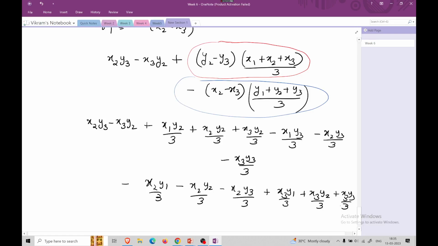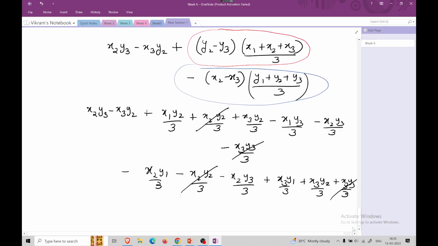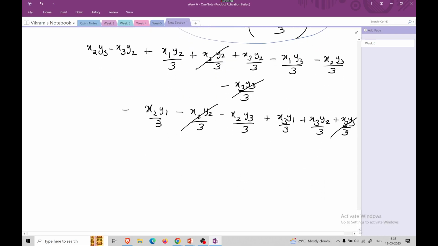Okay, let me cancel the terms which cancel each other. This one and this one will get cancelled. I'll group the similar terms.